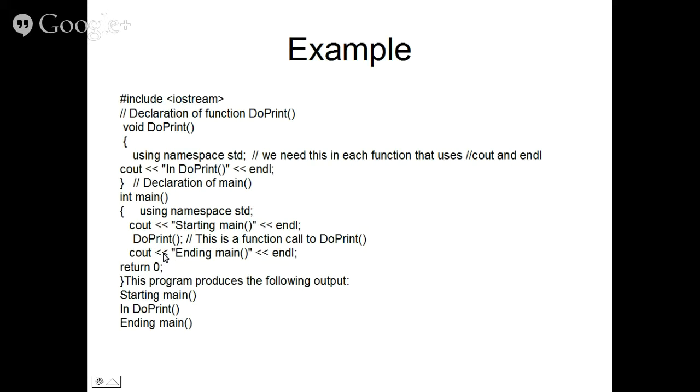So it displays ending main, encounters a closing block, and the program finishes execution. This is what is displayed on the screen: starting main, in doprint, and ending main. Alright, so that is a simple function definition and function call.